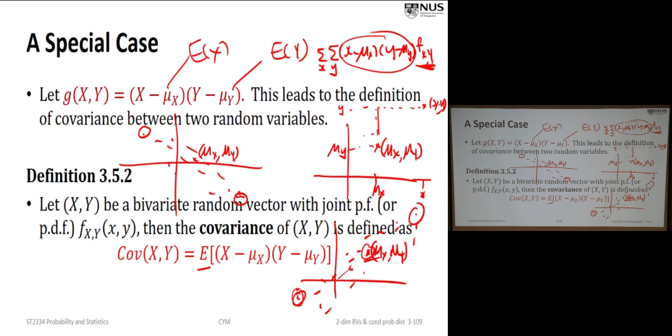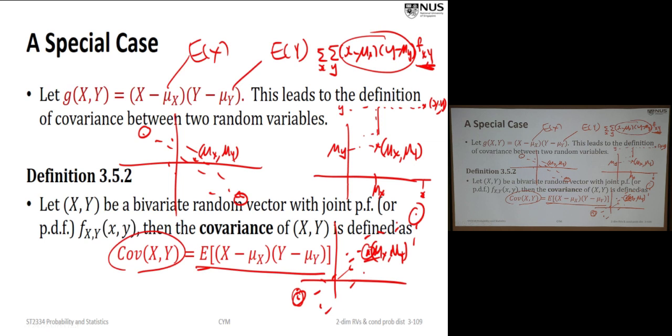That means x and y behave in different directions. So if x is above mu x, then it's likely y is below mu y. On the other hand, if x is below mu x, then y is above mu y. That's how we interpret it when this expectation is negative.